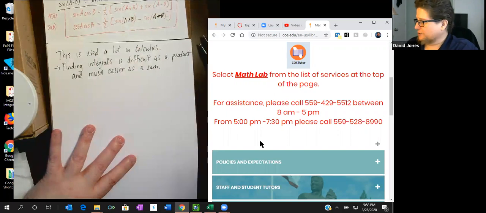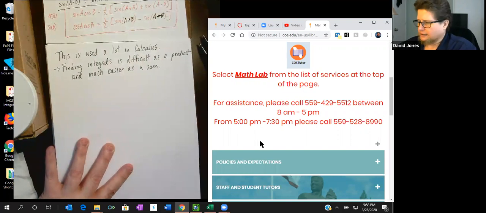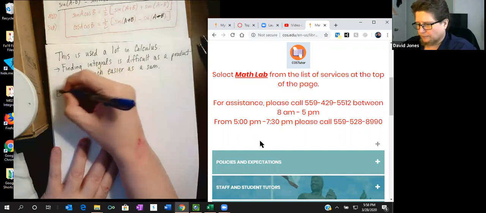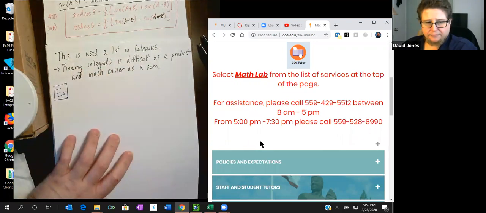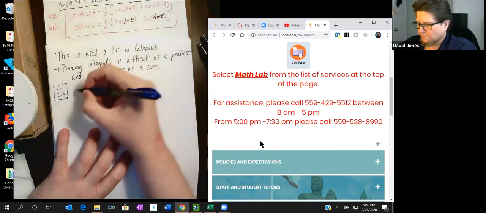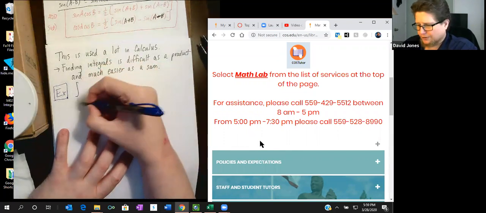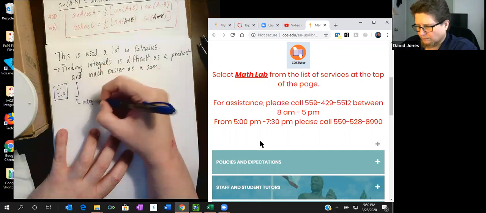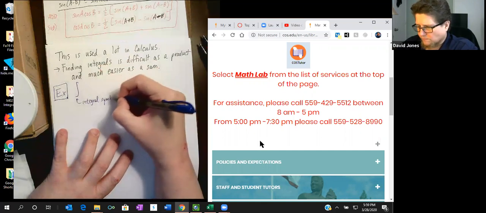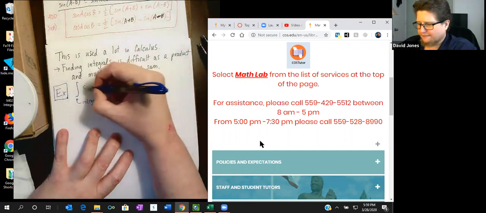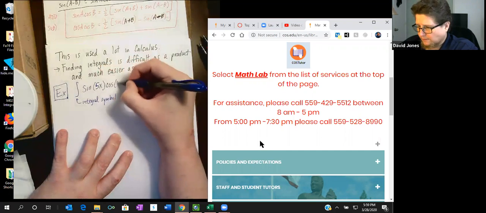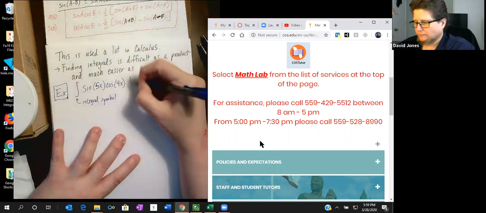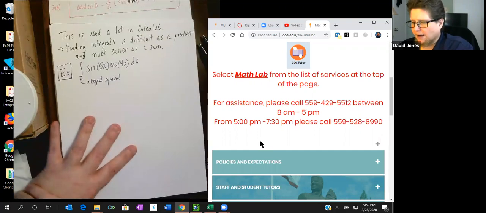This shouldn't mean anything to you yet. But for example, that's the integral symbol. If I have sine of 5x cosine 4x, that's hard to do.